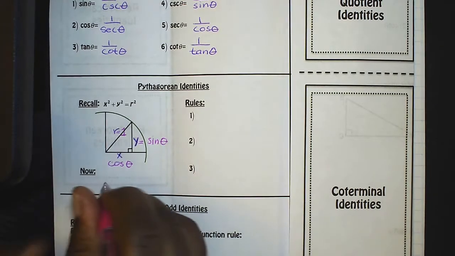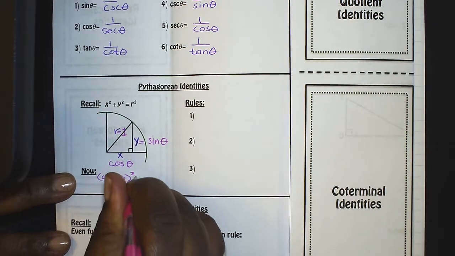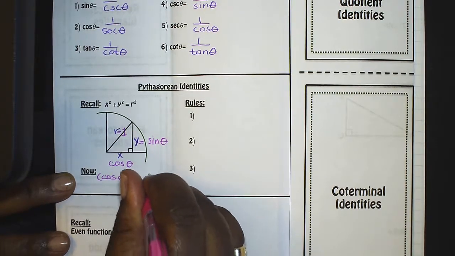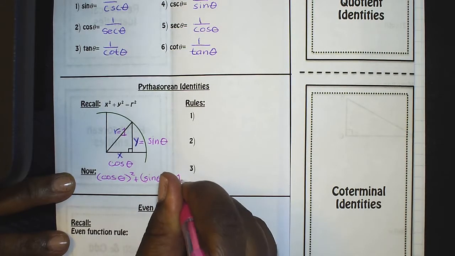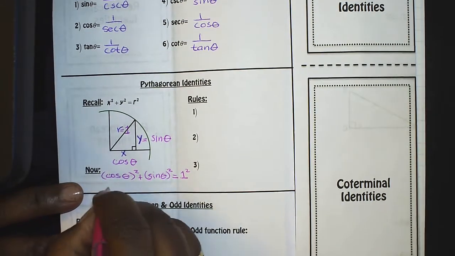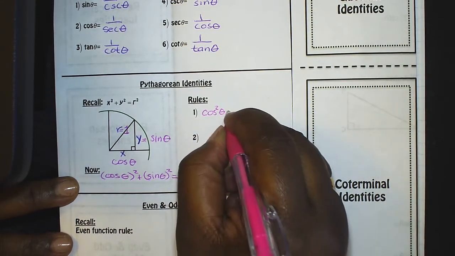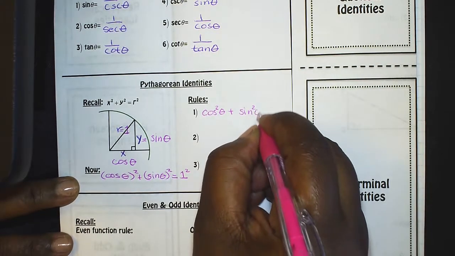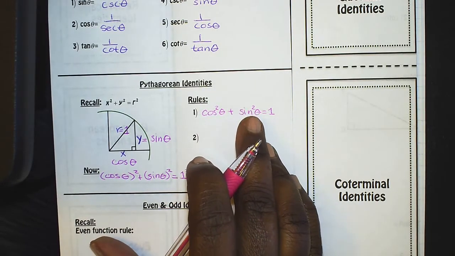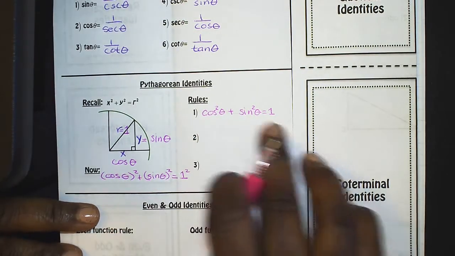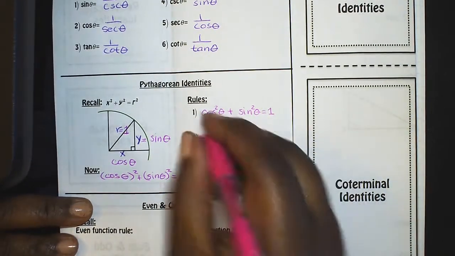So x squared would be cosine theta squared, plus y squared is sine theta squared, equals 1 squared, which is the r squared. Cosine theta squared becomes cosine squared theta plus sine squared theta is equal to 1. That's an identity rule. I can rewrite this by dividing everything by cosine squared theta.